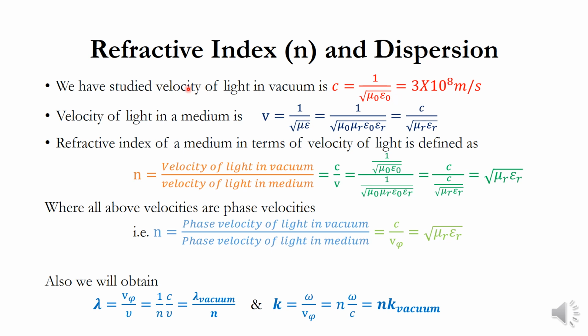So velocity of light in a medium is given by v is equal to 1 by root mu epsilon, not mu 0 epsilon 0, but mu epsilon.